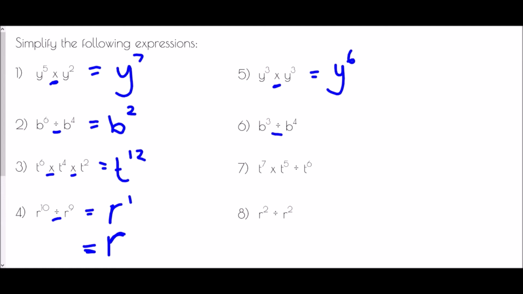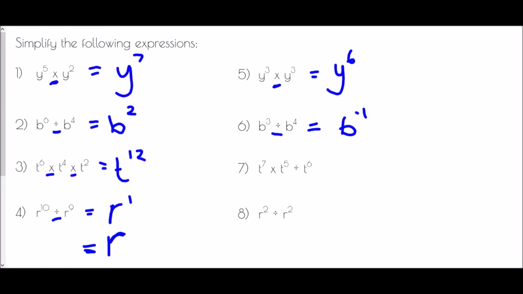Once again, we've got a division, which means we need to subtract our powers. Now, the base is still going to be b, but we're going to do 3 take away 4. Now, this one actually comes out as a negative. 3 take away 4 is negative 1. Now, that is absolutely fine. Some indices are negative, and so that's absolutely fine. b to the power of negative 1 is exactly what we would want.